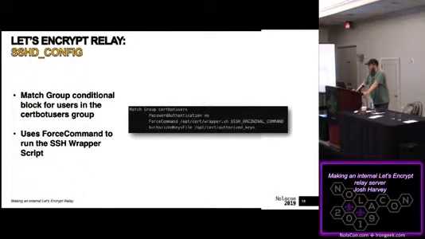Next, we have the force command, and this is what automatically runs the SSH wrapper script that we covered earlier, and forwards the original SSH command being used. And last, the last option being passed to it is the authorized key file. This sets the location where the public SSH keys are stored.